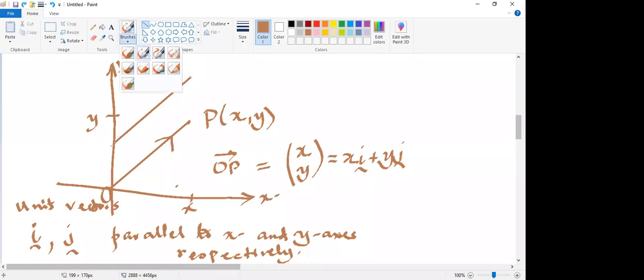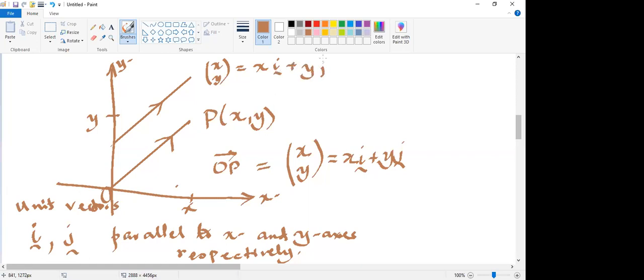That one could be a vector equal to the vector OP, but because it is not from the origin, it is not a position vector. It is also equal to XY, or XI plus YJ, but it is not the position vector of any point there. If I called that point Q, that's not the position vector.